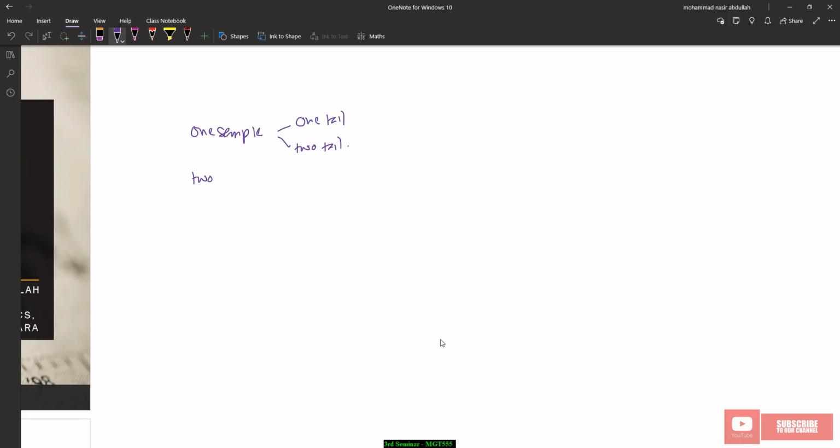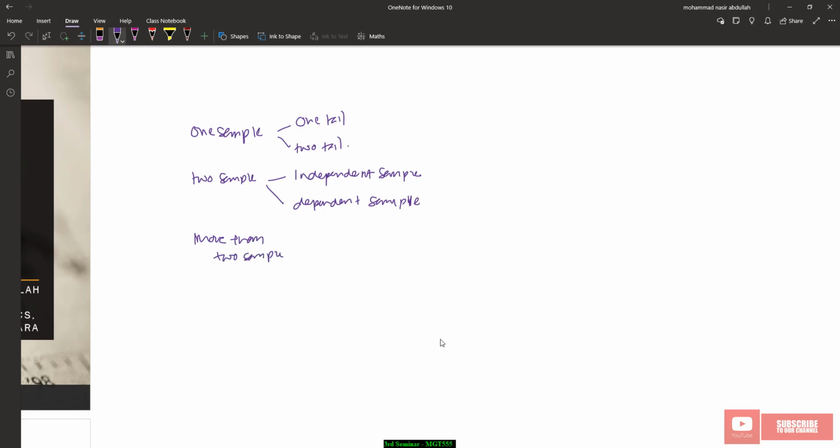And we are going to test two sample, either independent sample and dependent sample. Kejap lagi I explain what is a dependent sample and what is independent sample. And we're going to learn more than two sample.